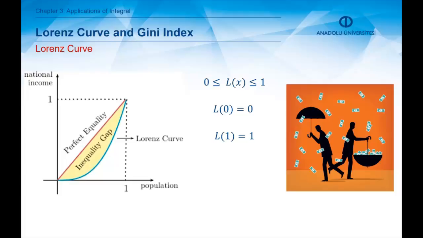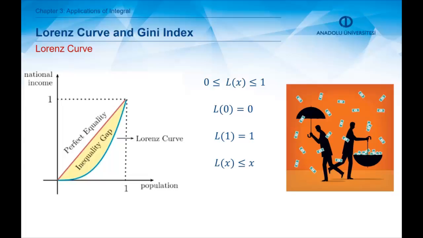So at x equals 1, or p equals 1, the Lorenz curve becomes 1. So if everybody is working, the total income is 1. So the Lorenz curve L of x is always less than the line y equals x.